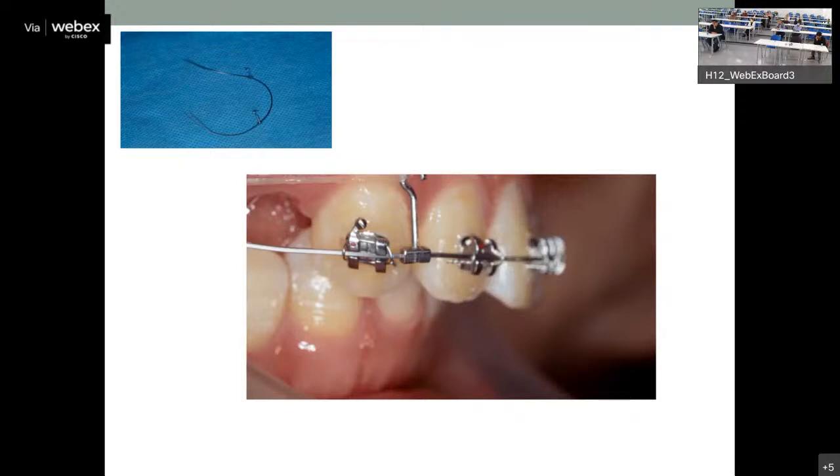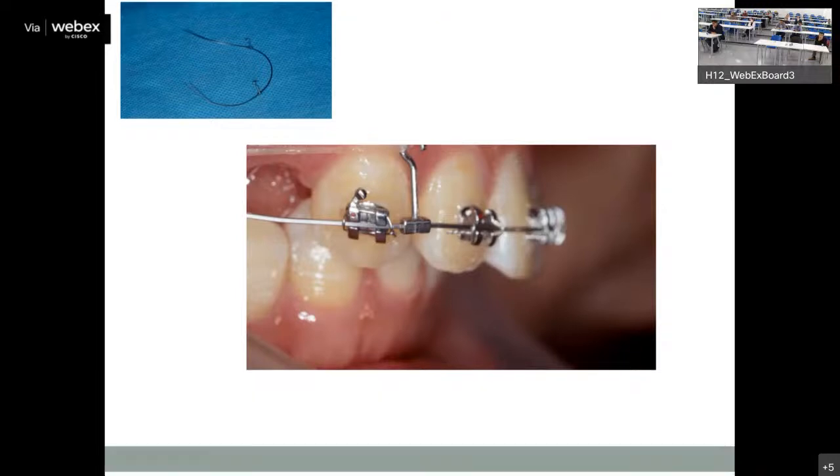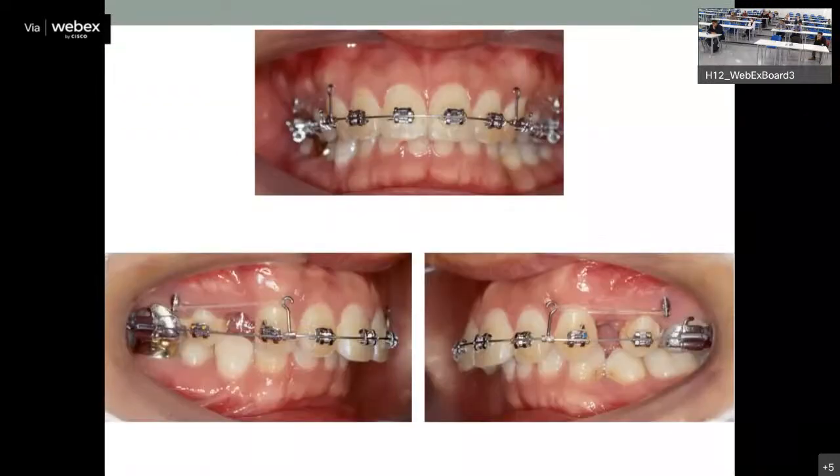This bite opening curve helps in overbite reduction, but in placing it, you would expect that the upper incisors will move forward. In order to prevent this, we applied force from the microscrew to a hook placed on the upper arch wire to start distalization and space closure, while the arch wire with bite opening curve starts bite reduction.